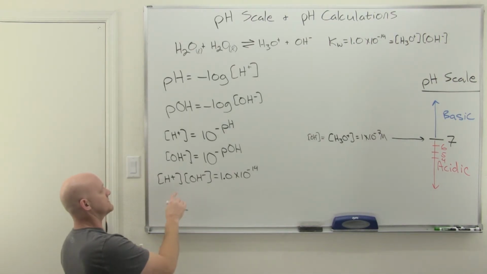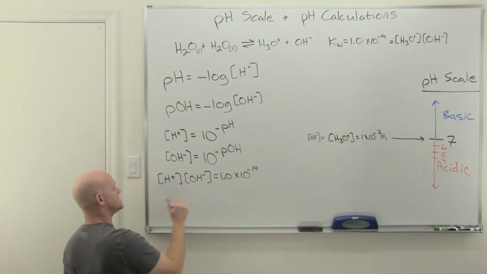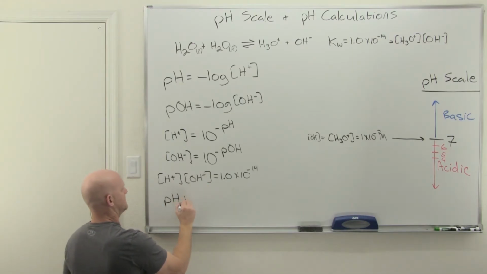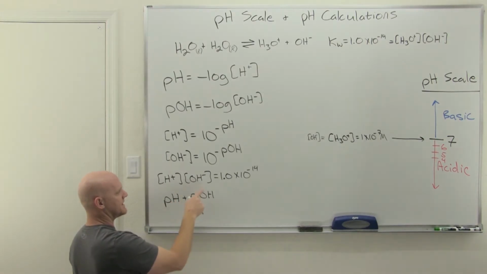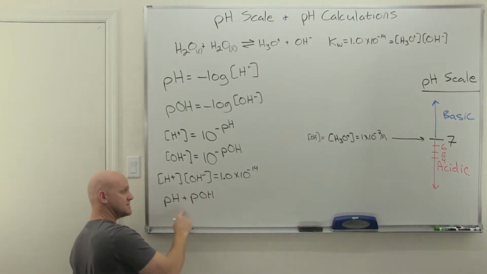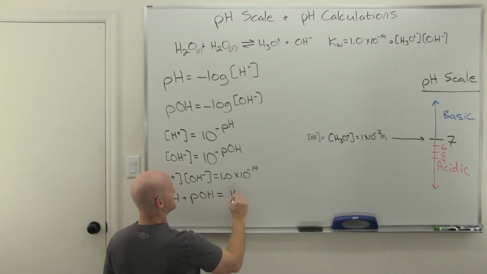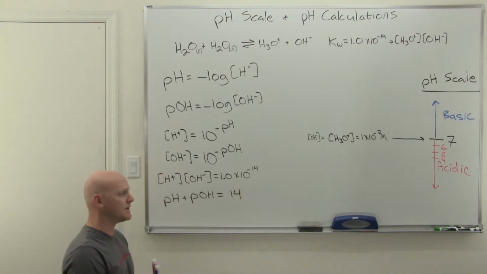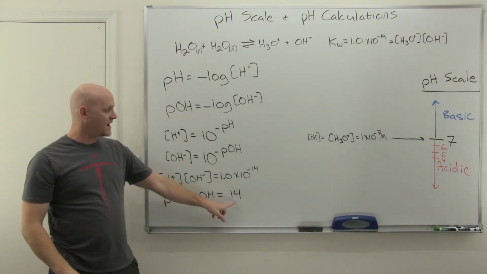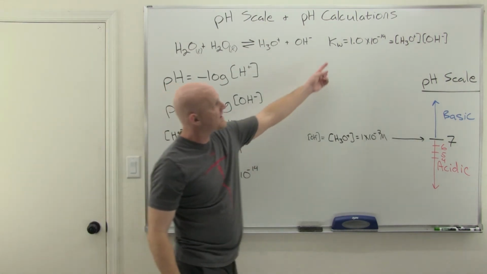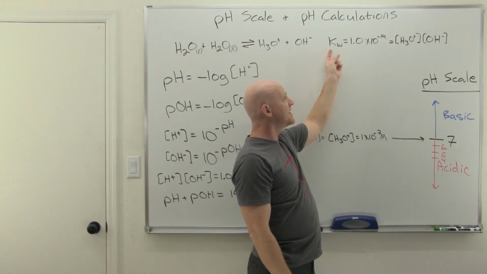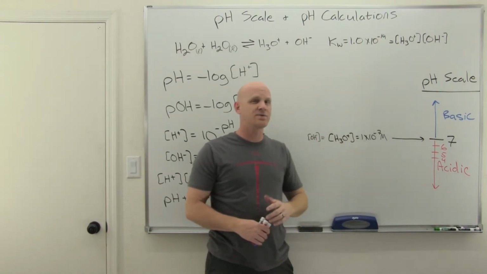If you take the negative log of both sides of this equation and rearrange it just a little, negative log of H plus is pH, negative log of OH minus is pOH, and a property of logs makes them additive. And then negative log of 1 times 10 to the negative 14 is going to be 14. So it turns out that pH and pOH add up to 14 because of that autoionization of water constant, that 1 times 10 to the negative 14. That's where that comes from.